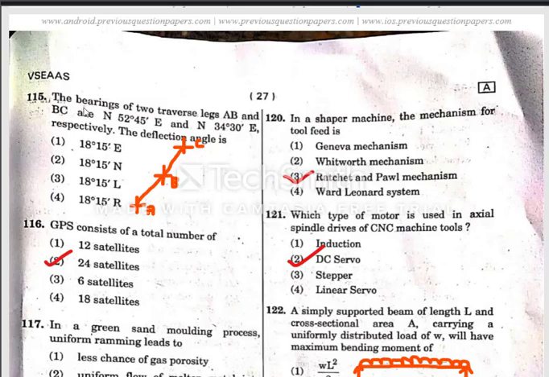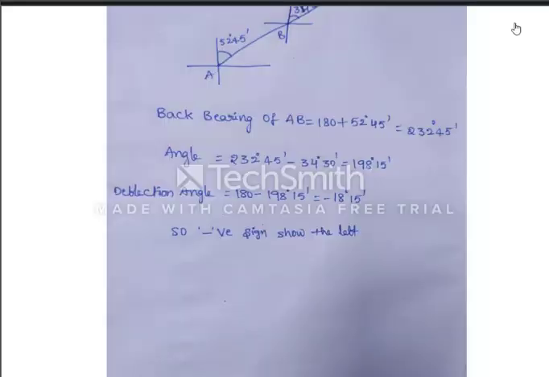Here the forebearing of line AB is 52 degrees 45 minutes in the northeast quadrant, and line BC bearing is 34 degrees 30 minutes northeast, to find the deflection angle.